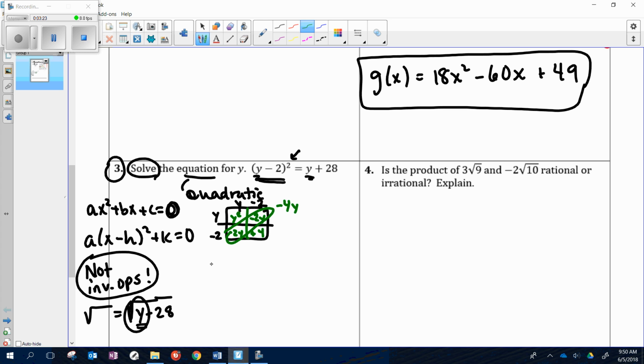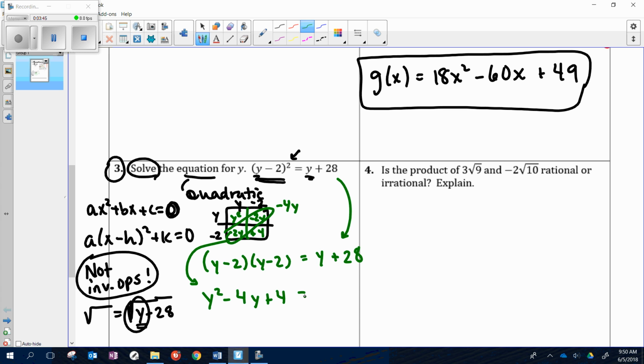I'm just going to write this down so you see what I just did here. Copying the first equation and squaring this out, I have y squared minus 4y and a positive 4. I got that from the box method. Equals y plus 28.